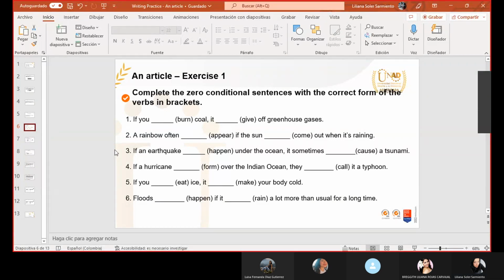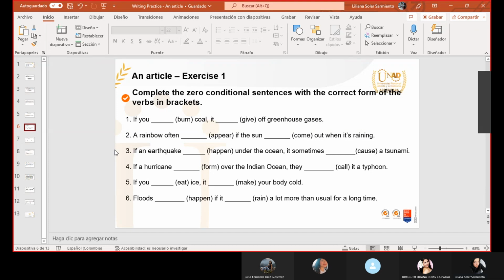If an earthquake happens under the ocean, it sometimes causes a tsunami.